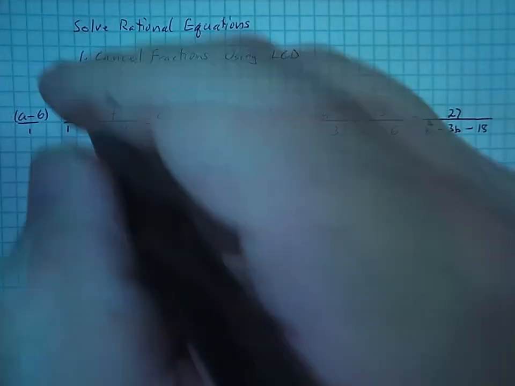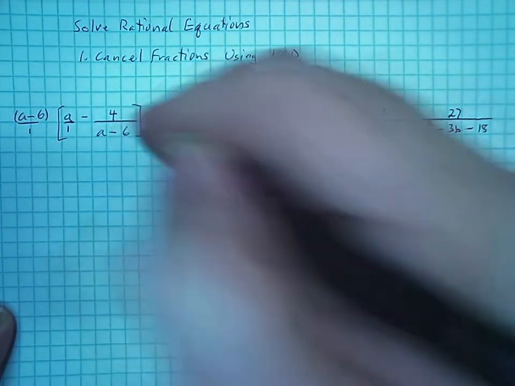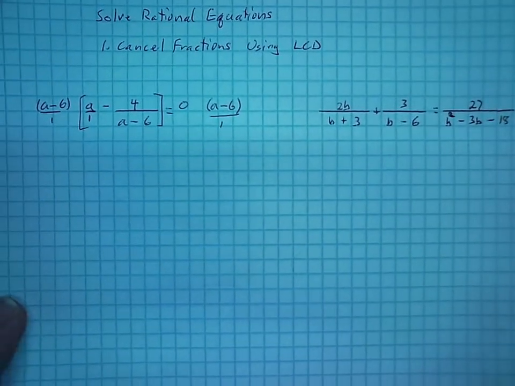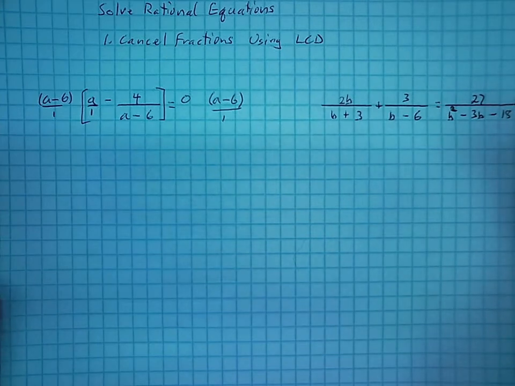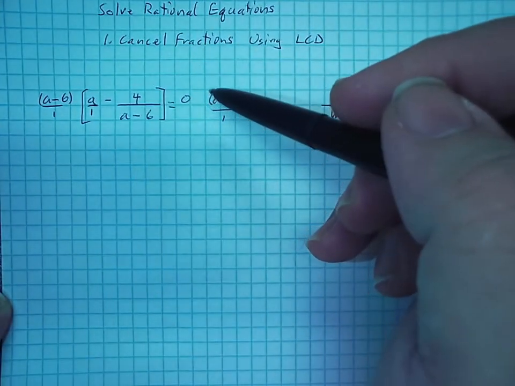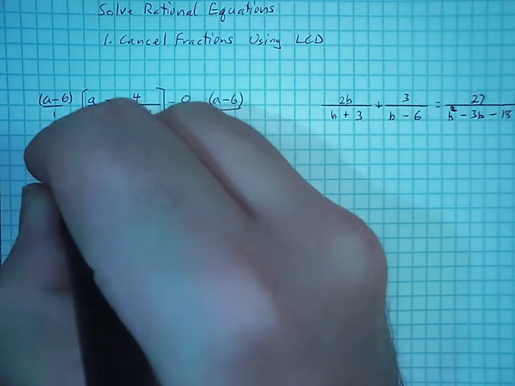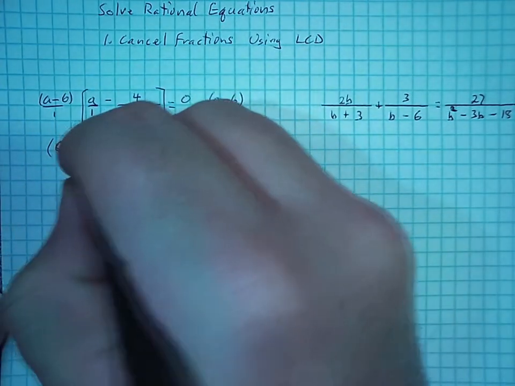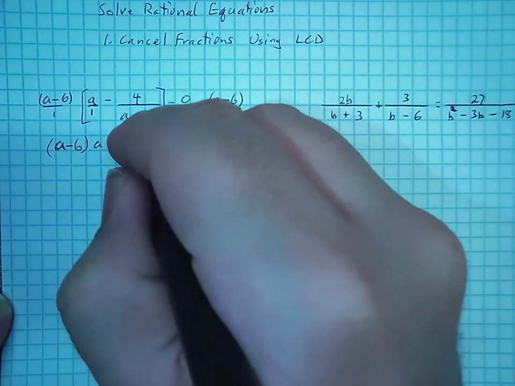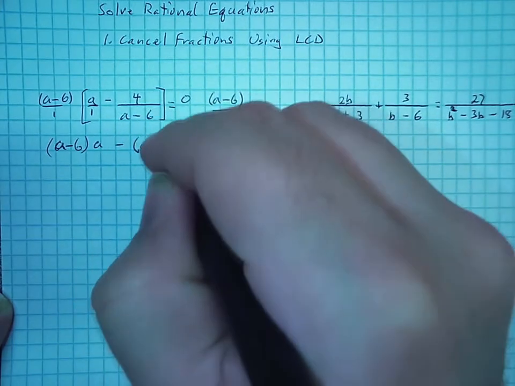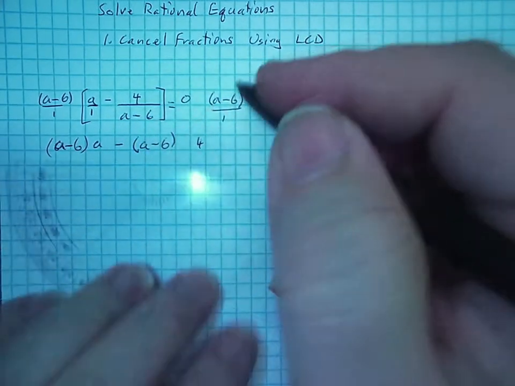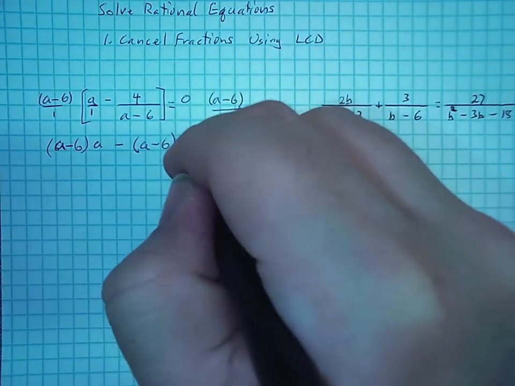And what this will do is actually cancel all of the fractions in our equation, as long as we've done it right. I don't recommend you write out the distributive property. Normally, it's just a lot of writing for not very much benefit. But if you find it helps you, I can't stop you. And I'm going to do it this time just to be very clear about what actually happens when we multiply.